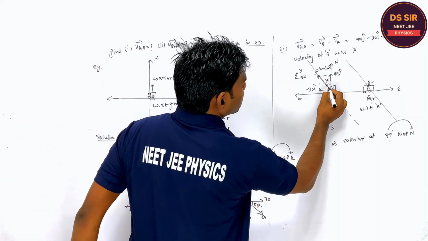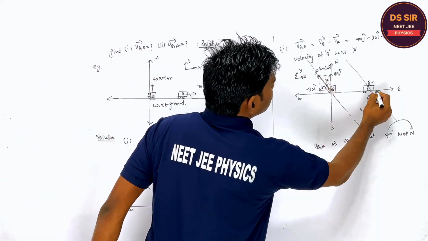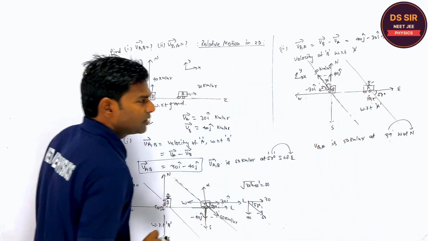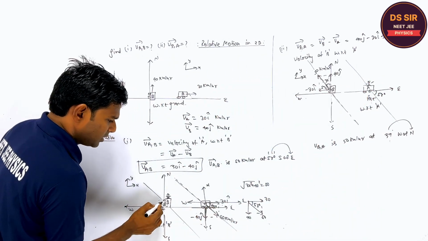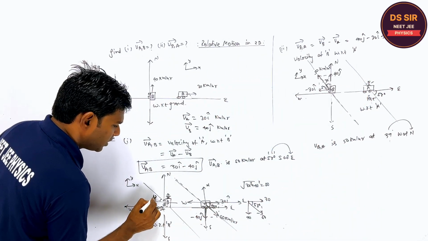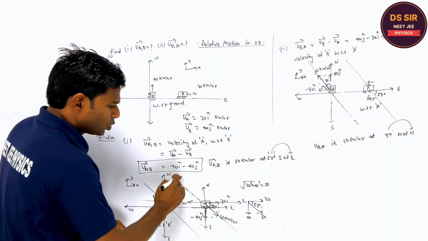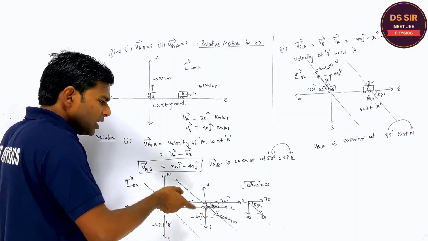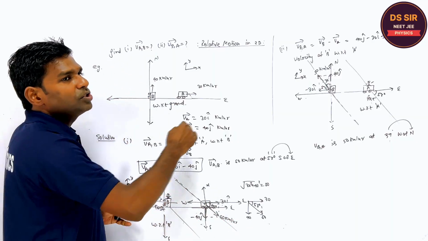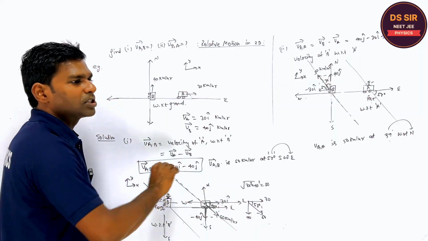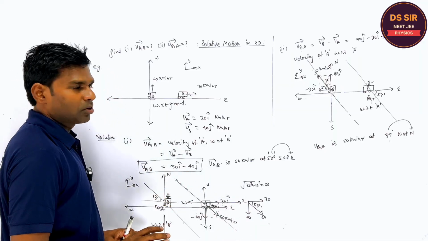This angle will be what? Say 53 degree. This angle is 53 degree. Are you getting or not? So this is the relative velocity. The relative velocity of one car is just opposite to the relative velocity with respect to the other car. Is it clear or not?